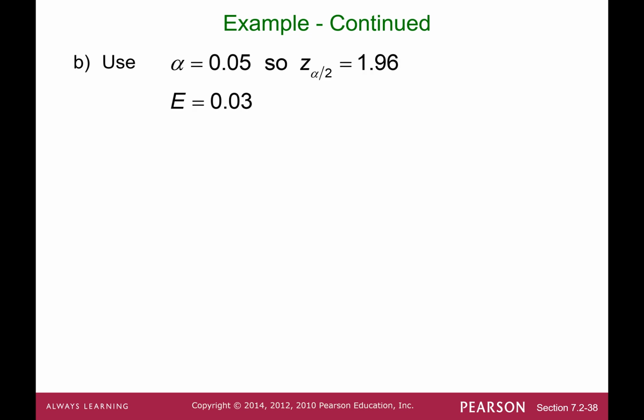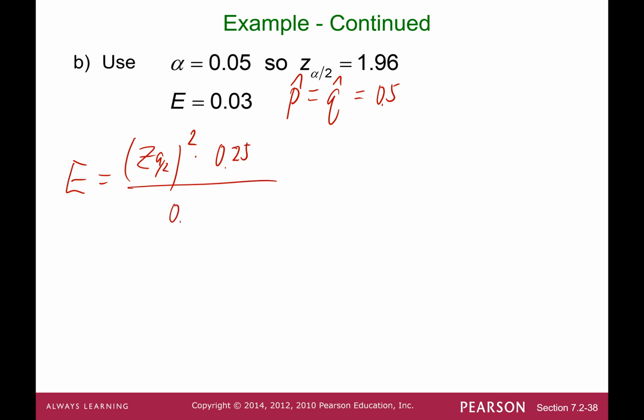And for the second one, alpha is 0.05, and we take p hat equal to q hat equal to 0.5, since p hat, the sample proportion, is unknown. So the sample size equals critical z-score squared times 0.25 over 0.03 squared.